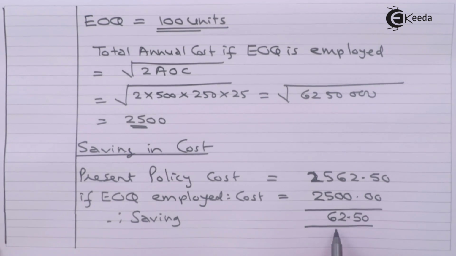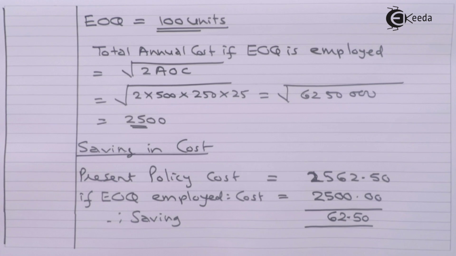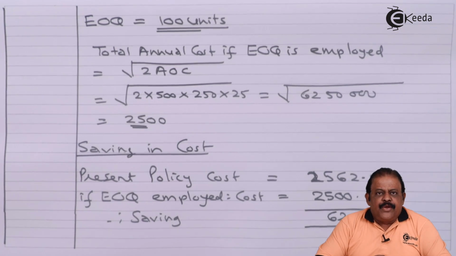Thus there will be saving of 62 rupees 50 paise. This is the benefit of knowing economic order quantity. We can reduce our present cost by tactfully using economic order quantity.